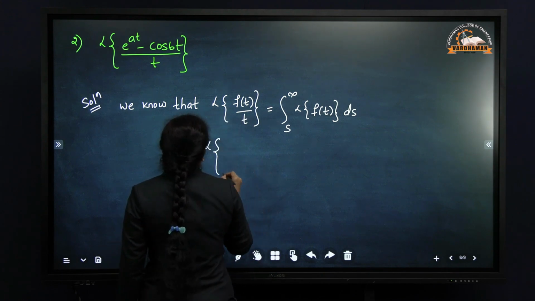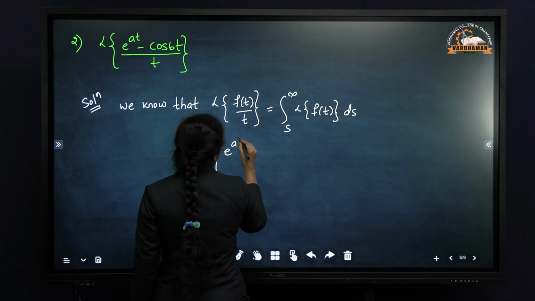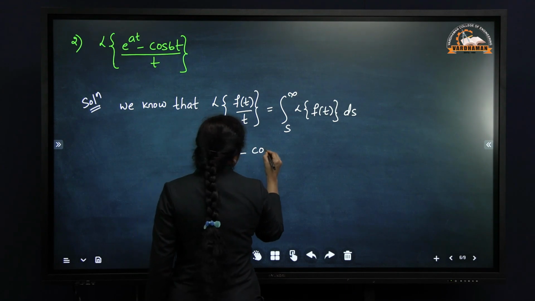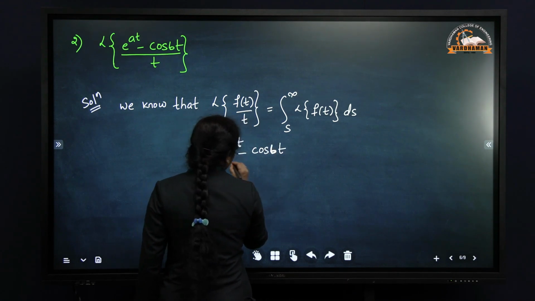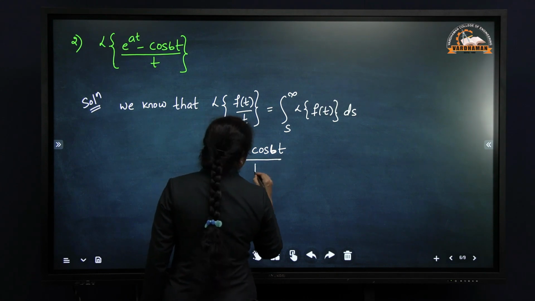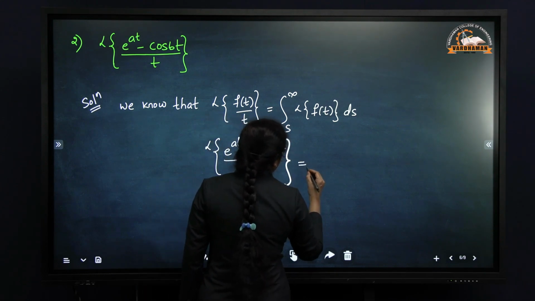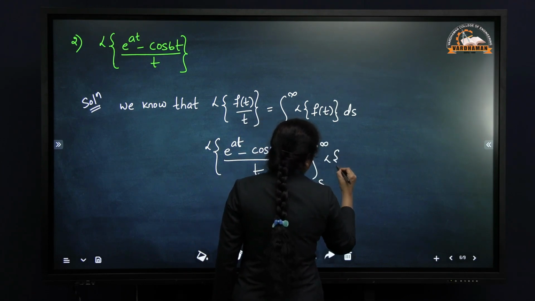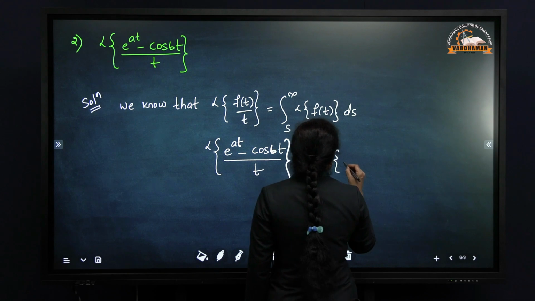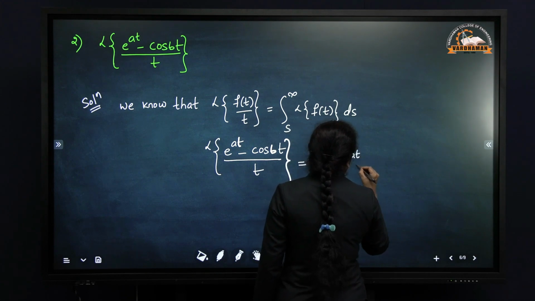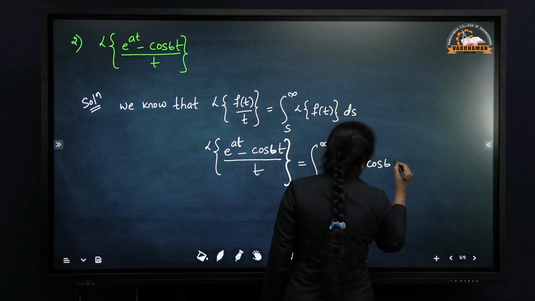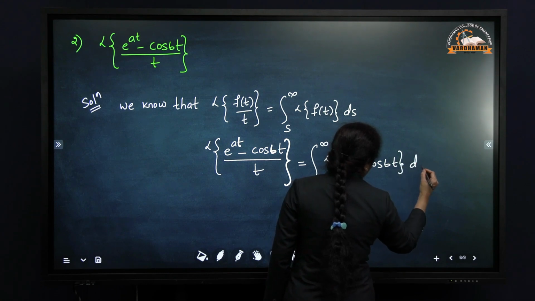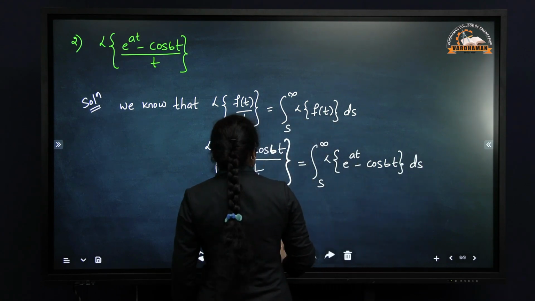Here f of t is nothing but e power at minus cos bt, by t. So this equals the integration from s to infinity. Now write e power at minus cos bt in place of f of t in the formula.